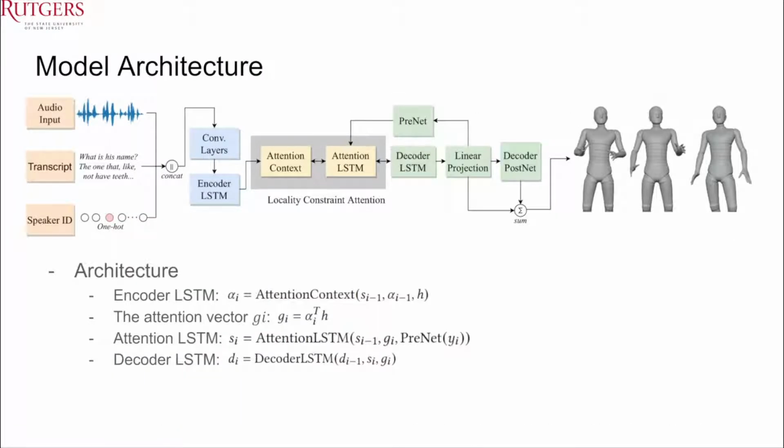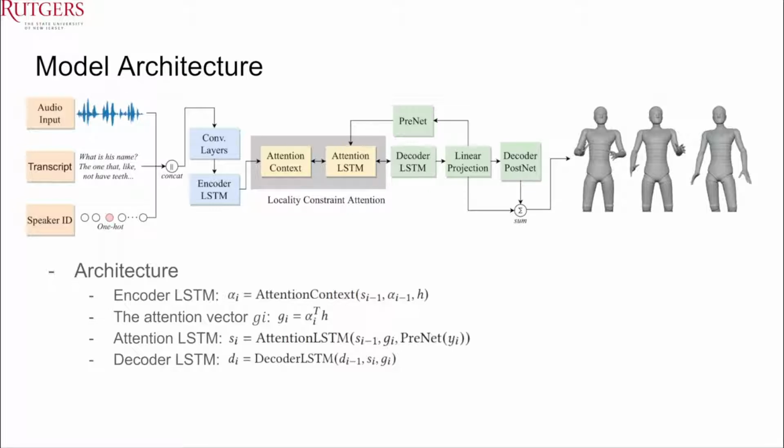The image shows our model architecture after we did optimization and modification onto Tacotron2. We define H as the output of the encoder, where T is the length of the input sequence.